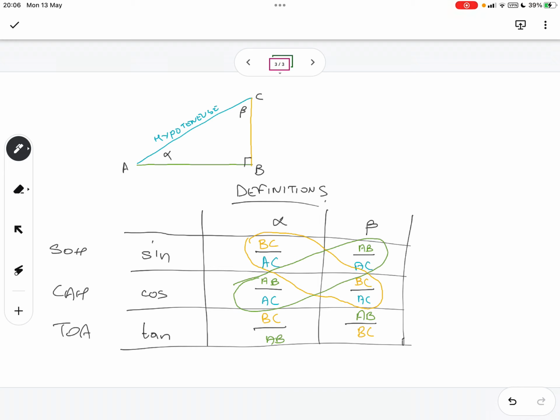That's what we do in grade 12, where we're doing reduction angles, and we're working with sine of 90 degrees minus something.